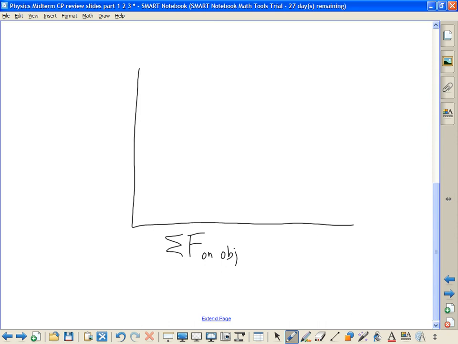And then we had force of friction on object. And this was interesting.